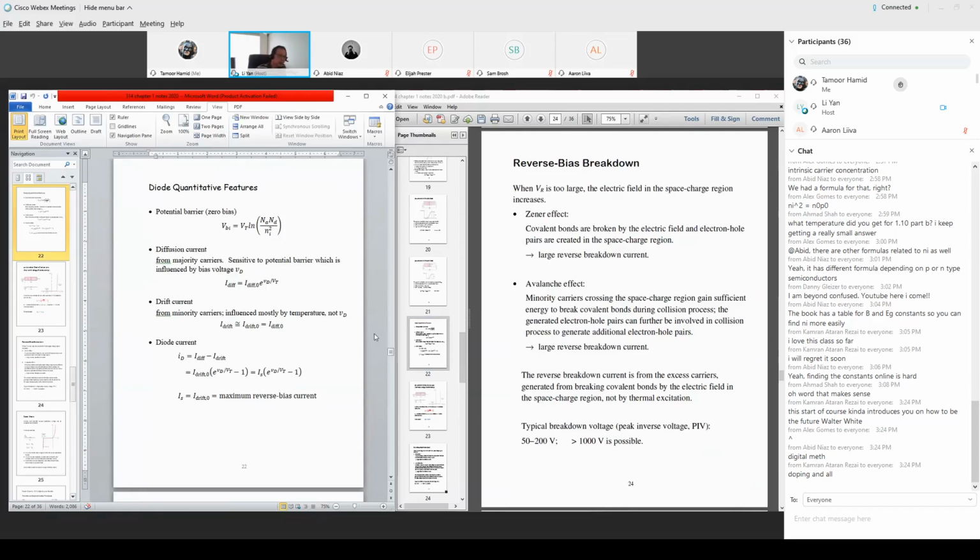Under reverse bias, this term goes to zero. All you have is the current from the minority carriers, which is very little. On the other side, you have a little current. This current can shoot very high, but under reverse bias, this current is negative but very small.